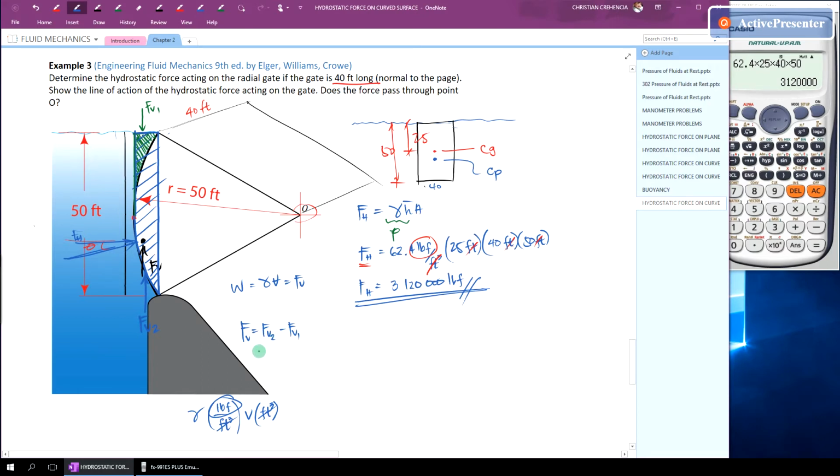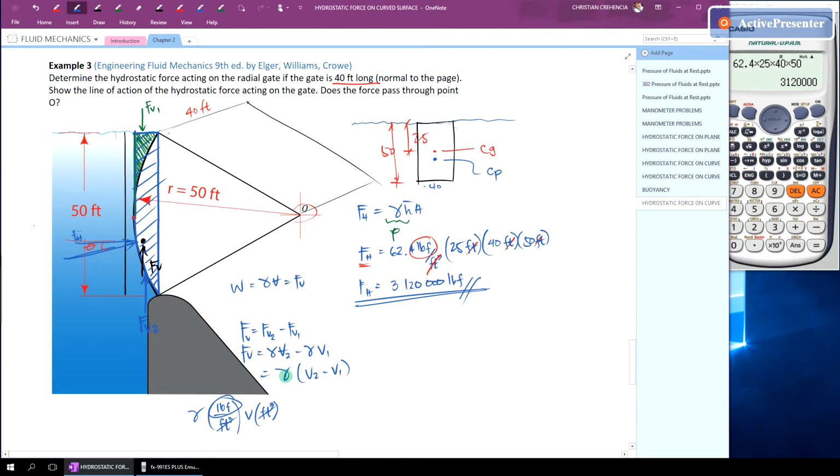Okay, so vertical hydrostatic force is equal to the weight, which is equal to unit weight times volume 2, so this is also unit weight times volume 1. Okay, so pwede naman natin i-factor out dyan. So, unit weight, so volume 2 minus volume 1.